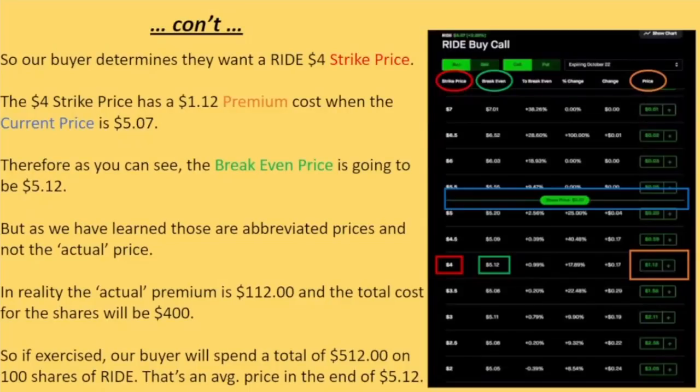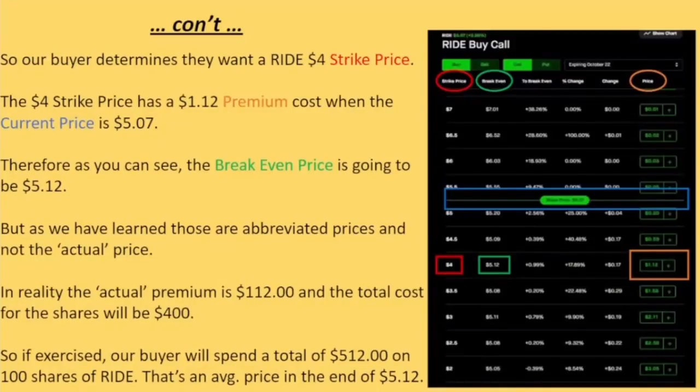And we can see that with the math we've already learned today just by looking at this screen. If we apply our math, it's all right there in front of us. As long as we apply the times 100 on each one of those boxes, we'll find out what the final price or the exercised price of a call option would be on this ride $4 strike.